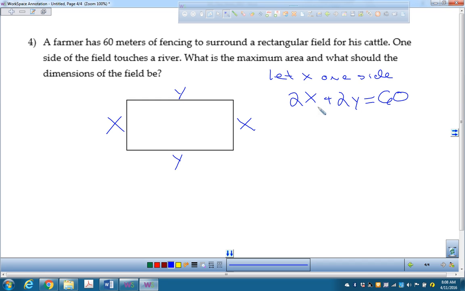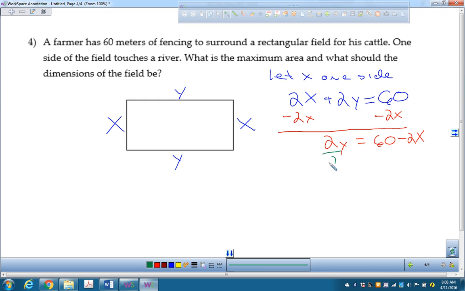First I'm going to subtract 2x from both sides, and I get 2y equals 60 minus 2x. How do I get y by itself? Divide everything by 2.